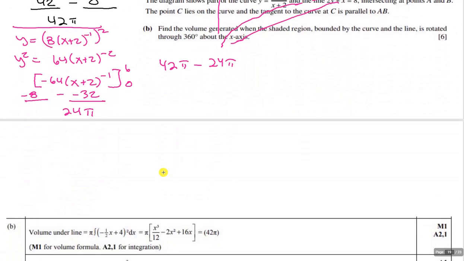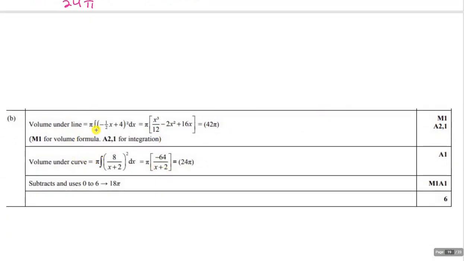Anyway, that wasn't too bad. That's worth 6 points. Here you can see we get the 42 pi. Method point for finding the integration, doing the integration, and then getting this set up correctly. The method point is using the volume formula correctly, and then you're getting 2 points for doing the integration correctly and actually getting this answer.